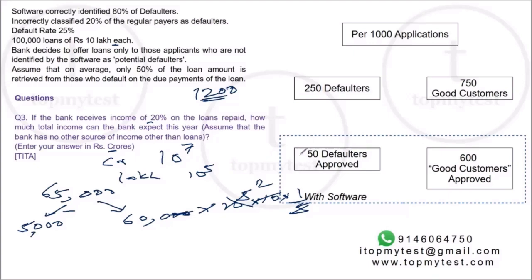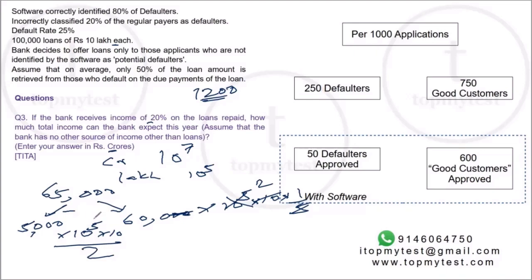Now, what will be the loss from the bad customers? Out of 5,000 people, you'll again give them a 10 lakh rupee loan. So 10 to the power 5 into 10 will be the loan given. But they are going to pay only 50% of the loan amount. So forget about profit. You are going to lose 50% of the money, because you're not going to be able to recover it.